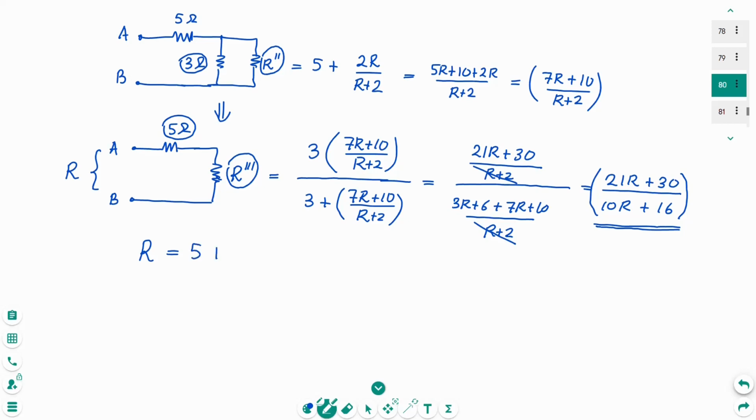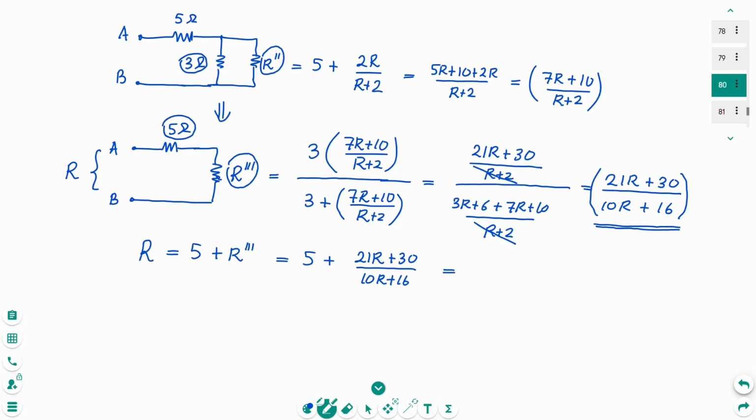So 5 plus R triple prime. And now we can solve this. We are going to get an equation in R, and we can solve for R to get the numerical value. So we have 5 plus 21R plus 30 divided by 10R plus 16.